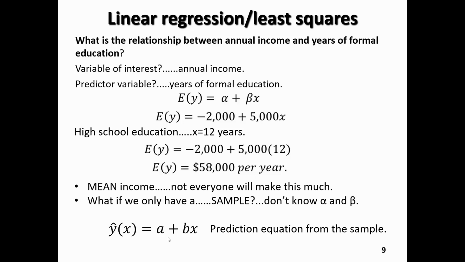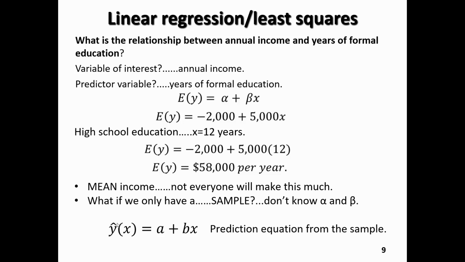You'll see here that the prediction equation form is the same as our probabilistic model, except that we're going to input an X value, as we did up here, but our outcome variable is not the Y variable, but what we call Y hat.